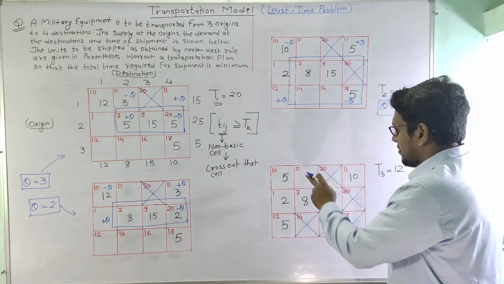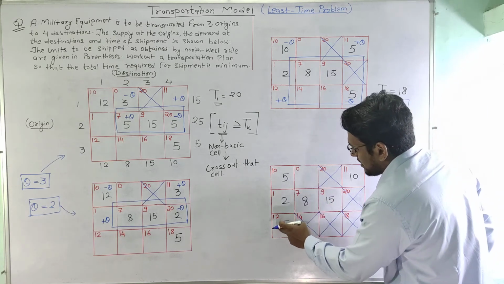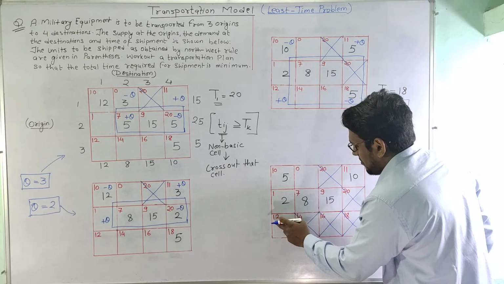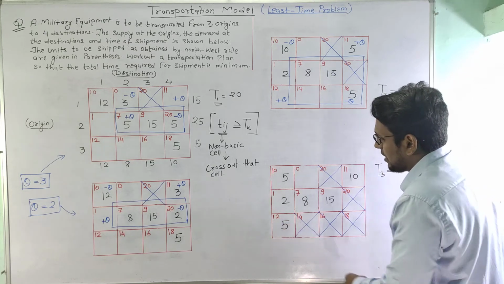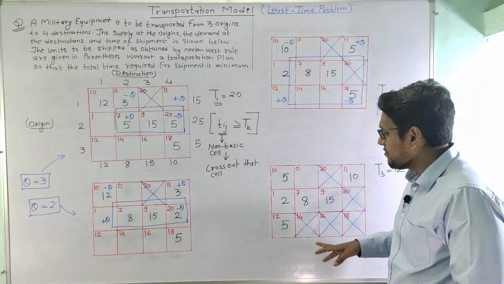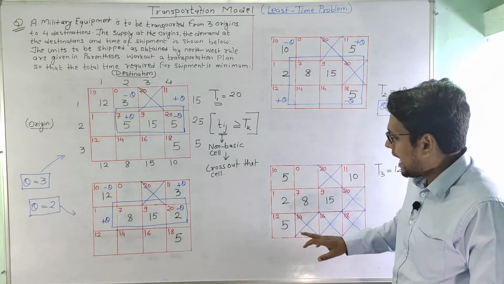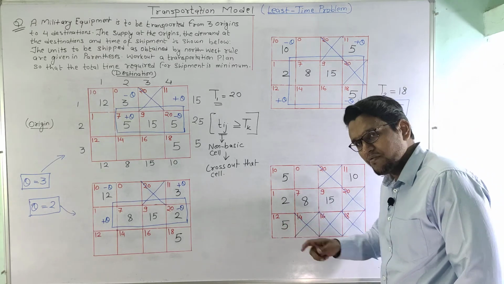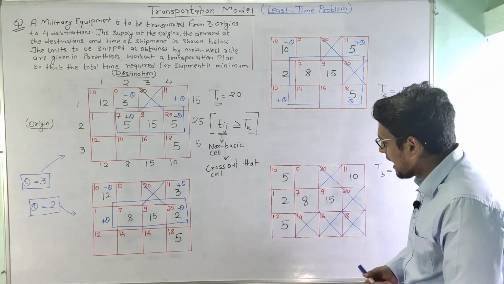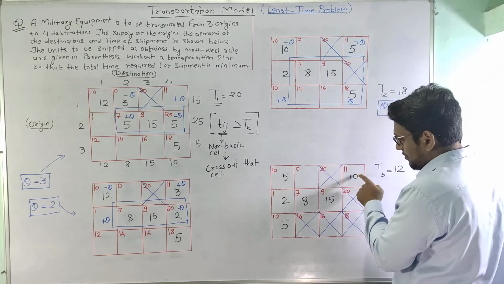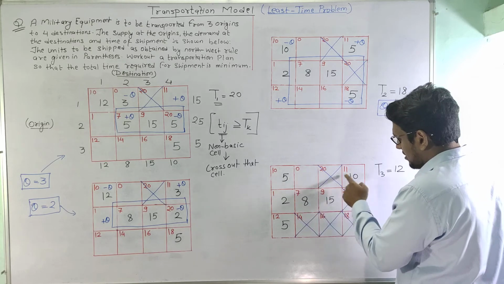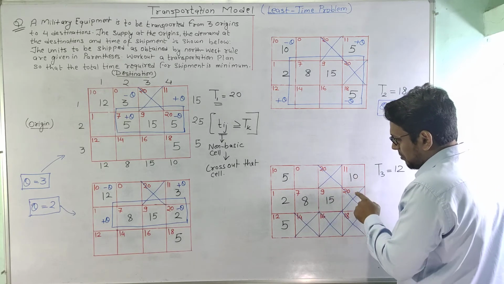Now as we can see, the maximum shipment time is 12, and let us see if we can further reduce this. In order to further reduce this, we need to form a loop. And as we can see here, if I move from here to here I cannot form a loop.